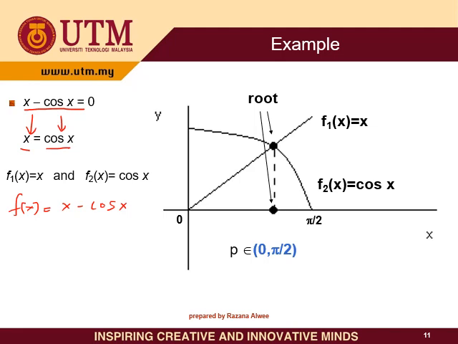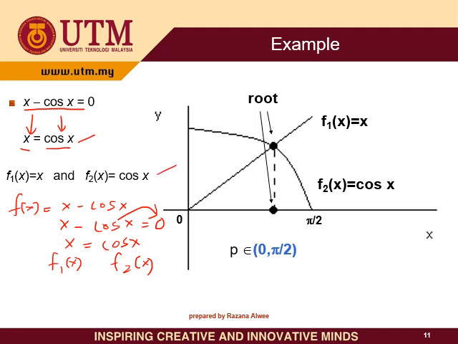As I mentioned, we need to change it to two simpler functions. So x minus cos x equals 0, and then we bring this one over here. So we will have x equals cos x. So this one will be our f1(x), and this one will be our f2(x), same as what we did here.